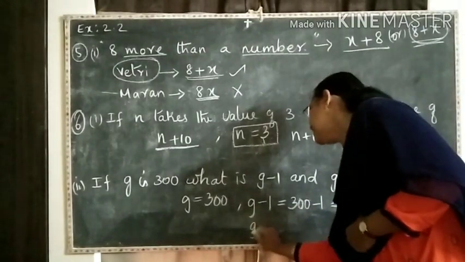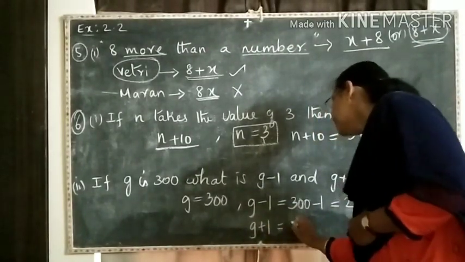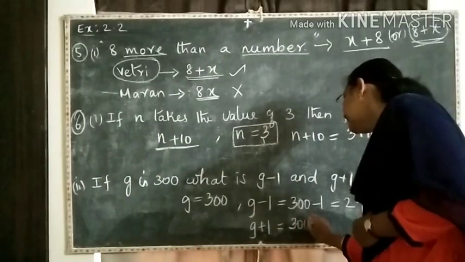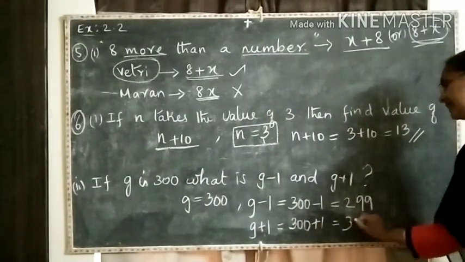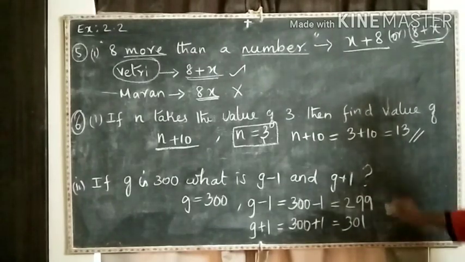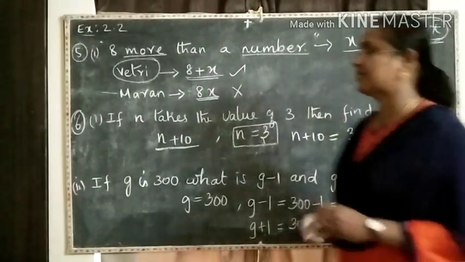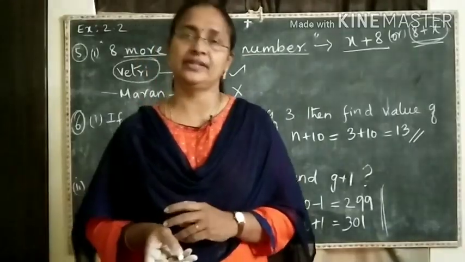Now the next one, g plus 1. That is 300 plus 1, which is 301. So these two are the answers for this second subdivision.